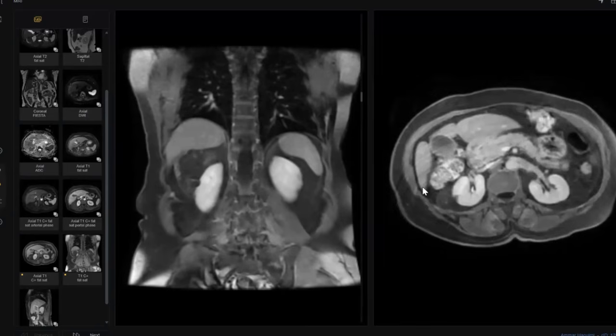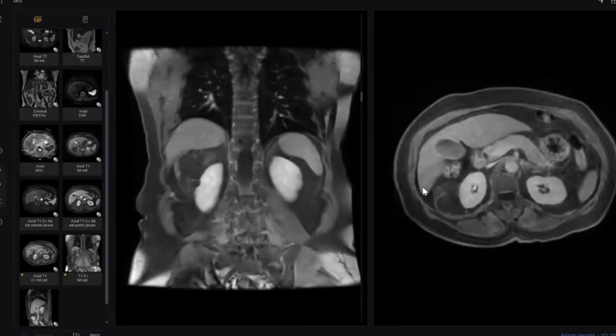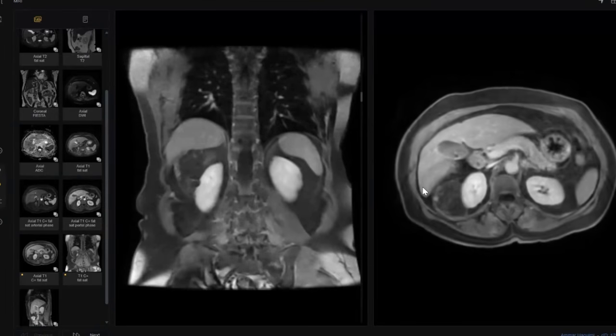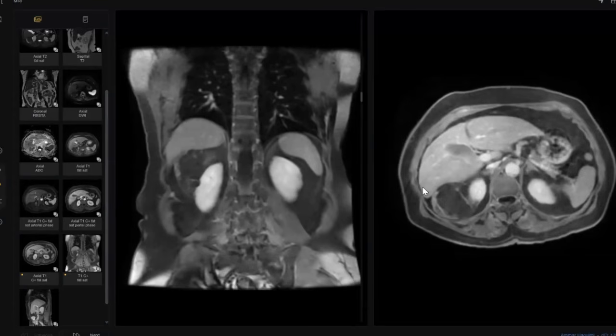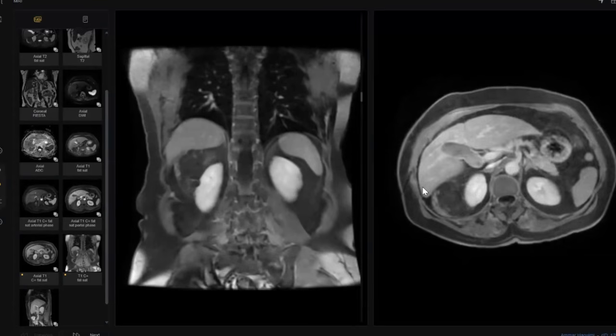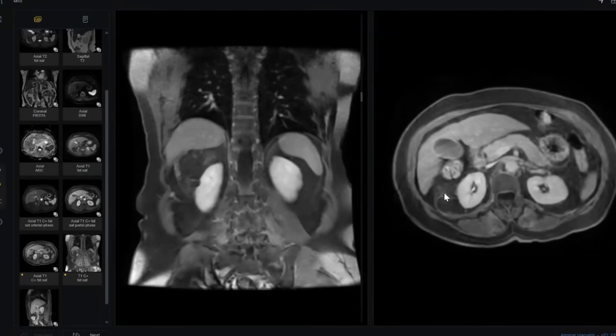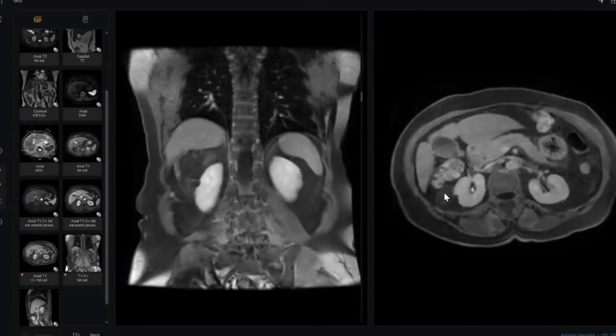Sir, it has an enhancing component, but besides that, sir, I called one radiologist. He told me, "Doctor, there is no claw sign, so it looks like it is outside the kidney." So, what's your answer?